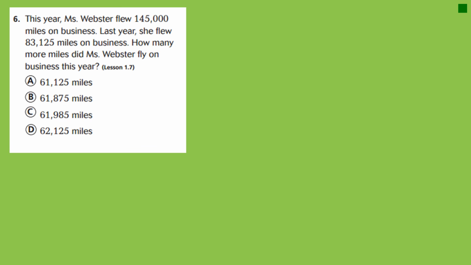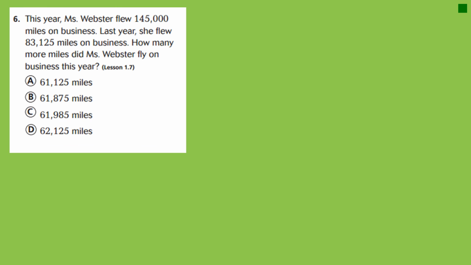All right, last one. This year, Ms. Webster flew 145,000 miles on business. Last year, she flew 83,125 miles on business. How many more miles did Ms. Webster fly on business this year? Okay, you know why I picked this one?